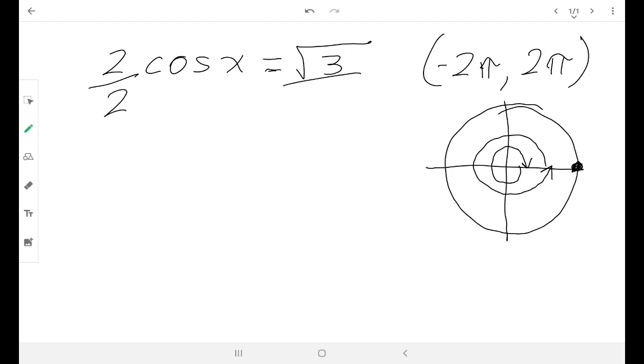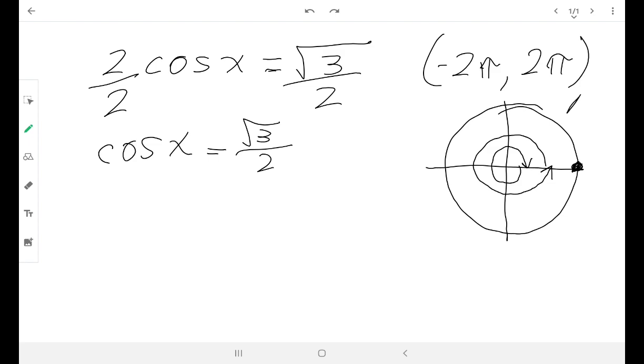You just divide by 2 on both sides, so you can isolate the cosine of x equals square root of 3 over 2. And then you got to ask yourself, okay, so you've got an angle right here, and the goal is to ask the question, what angles, when I take their cosine, give me a value of positive square root of 3 over 2.